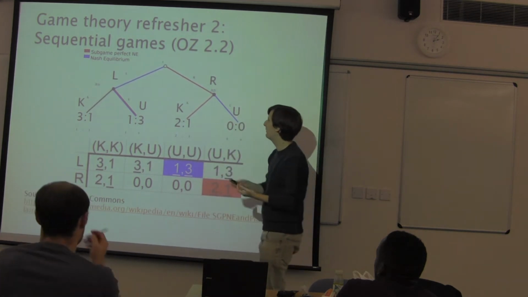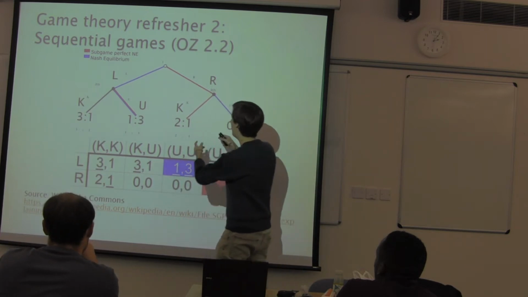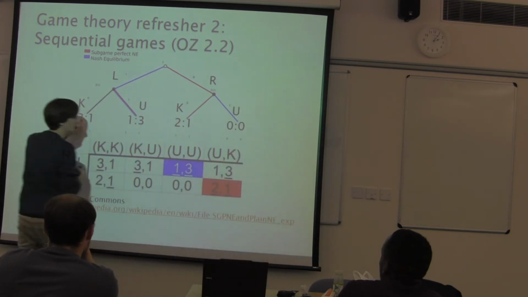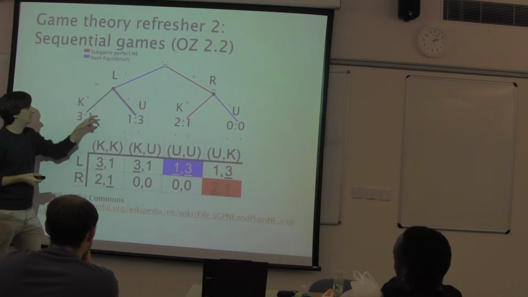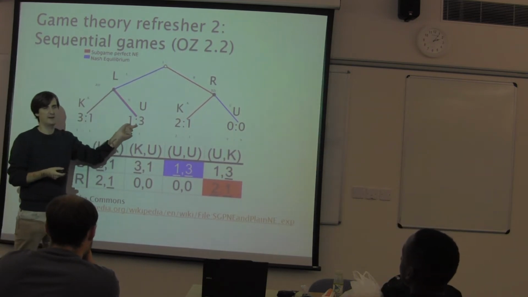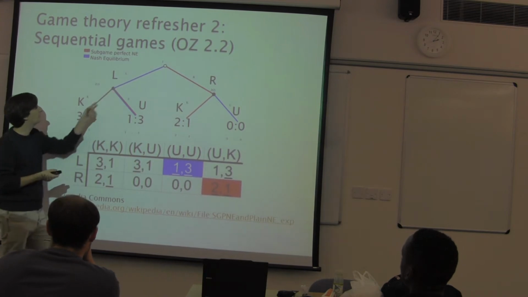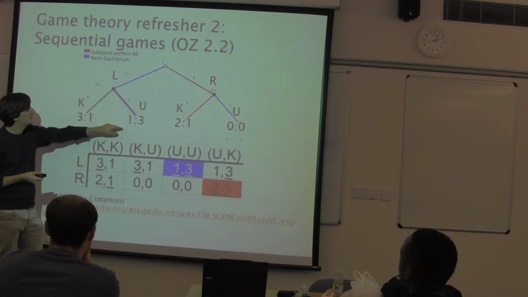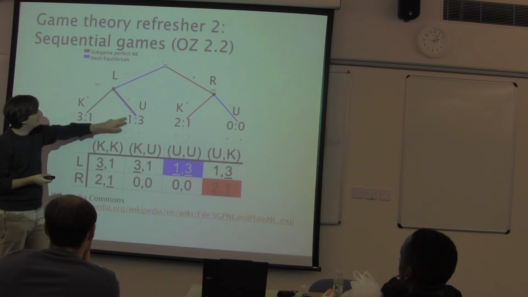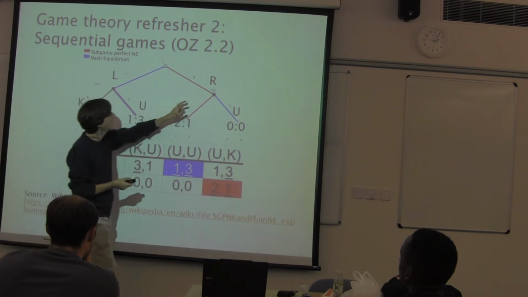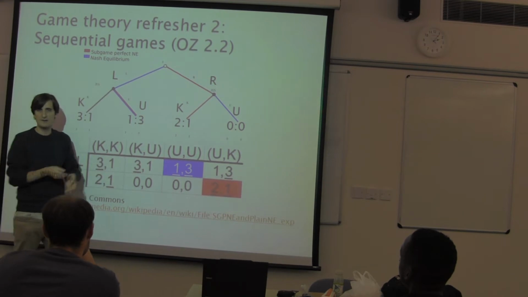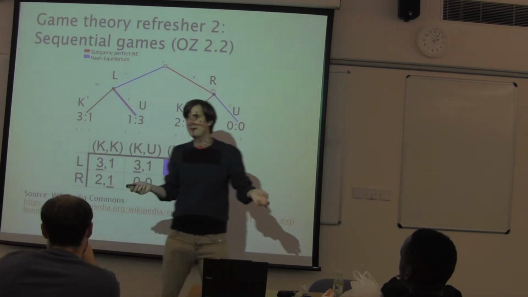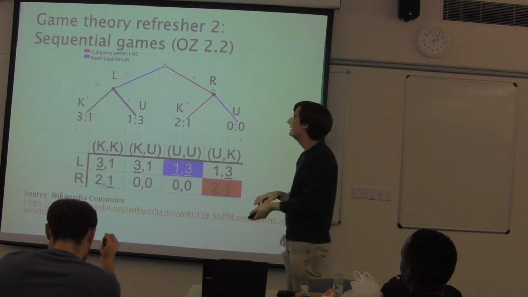Player 1 would like to get this outcome, maybe, but they know that if they play L, they're not going to get that outcome, they're going to get that outcome. So there's no point in player 1 playing L, because if they play L, they're going to end up with 1, whereas if they play R, they're going to end up with 2. So that's the subgame perfect Nash equilibrium of this game.